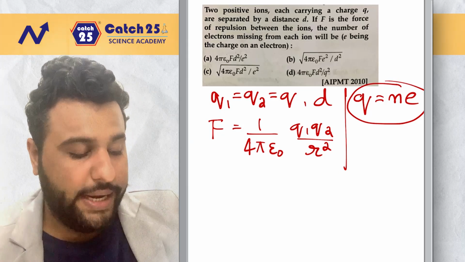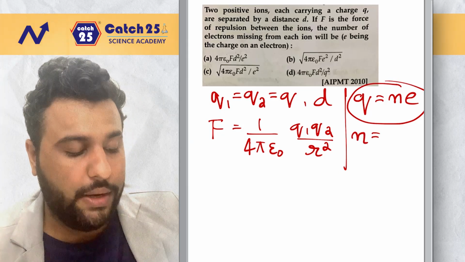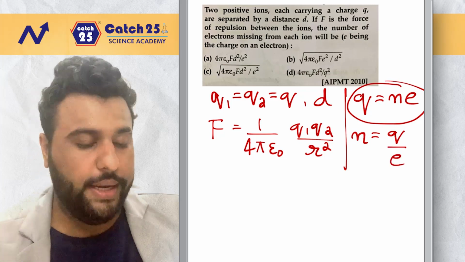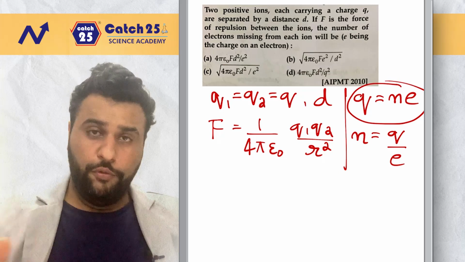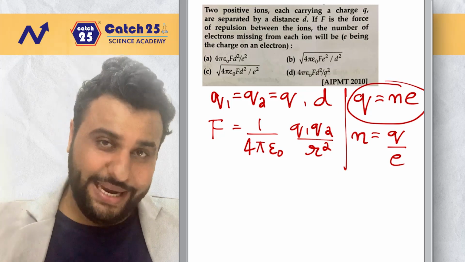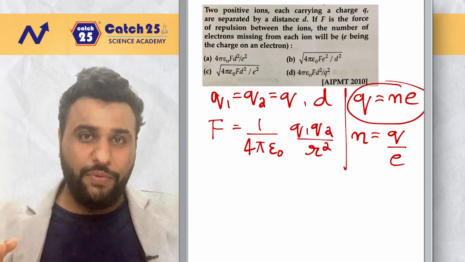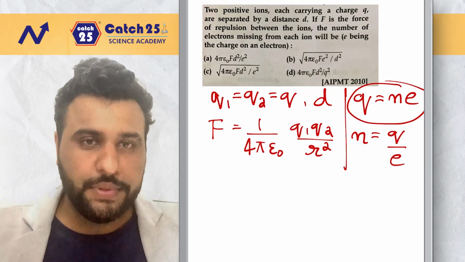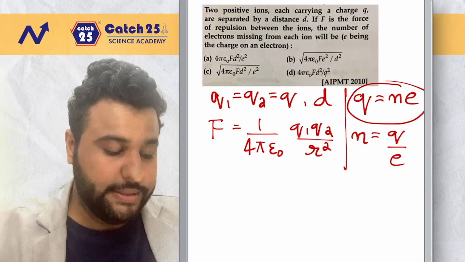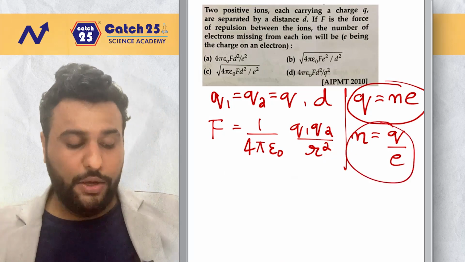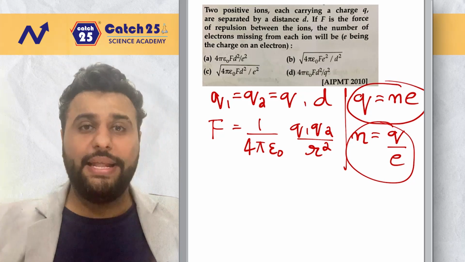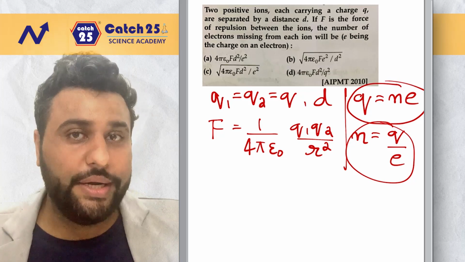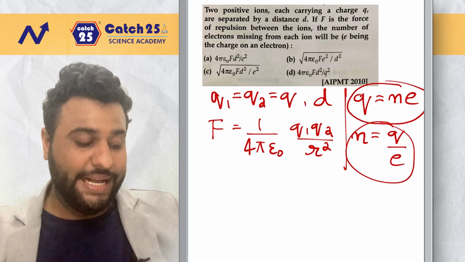So can I say my N will be equal to Q by e? If the number of electrons is N and the formula is Q is equal to Ne, can I say my N will be equal to Q by e? So I have to find this particular set, Q by e. Now if you look at the options, they have never substituted the value of small letter e. They have left it as it is.